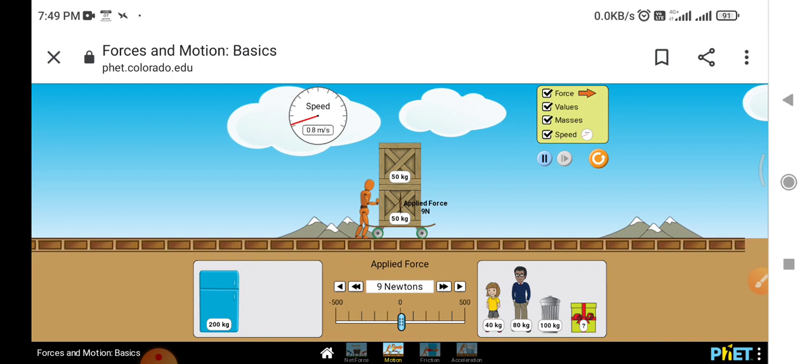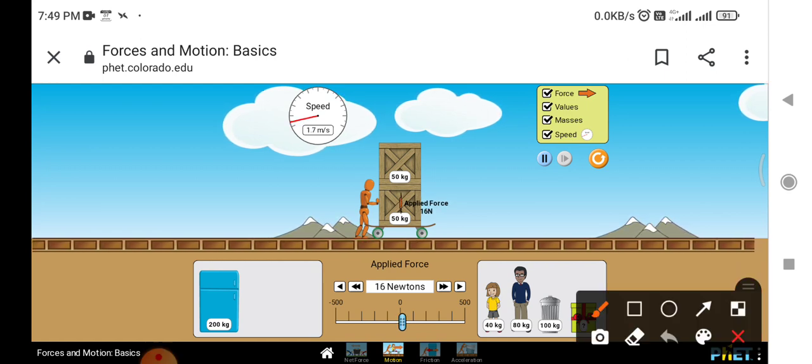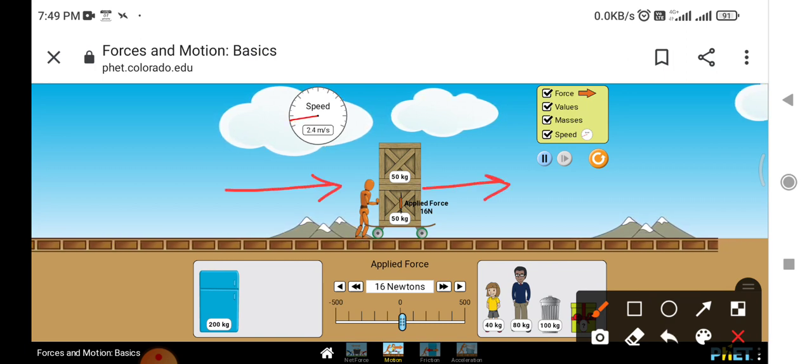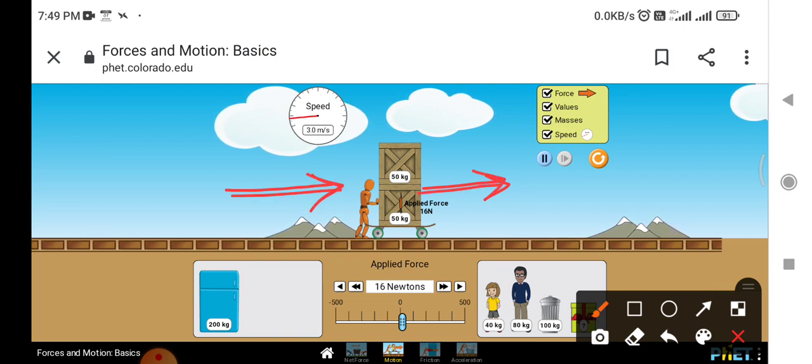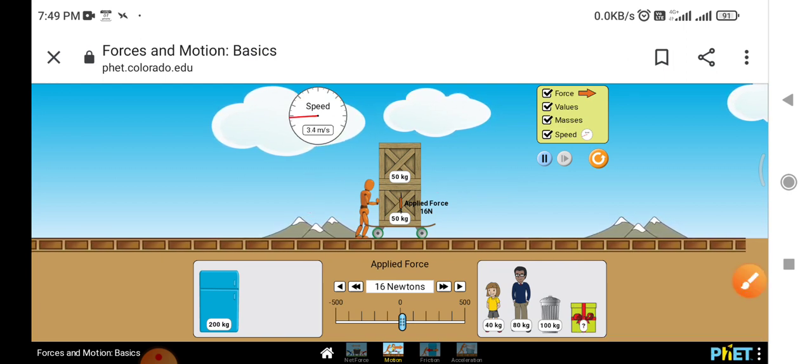And when it reaches 9 Newton, the object slightly starts to move. 10 Newton, 11, 12, 13, 14, 15. So this is the direction of the force and this is the direction of the motion. The direction of the motion is always the direction of the force.